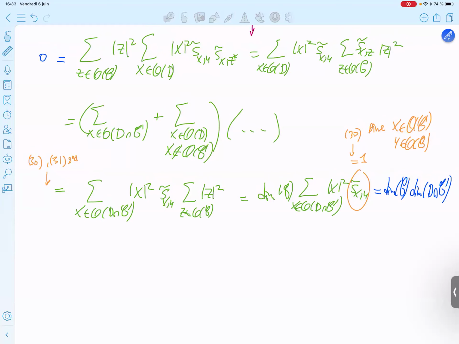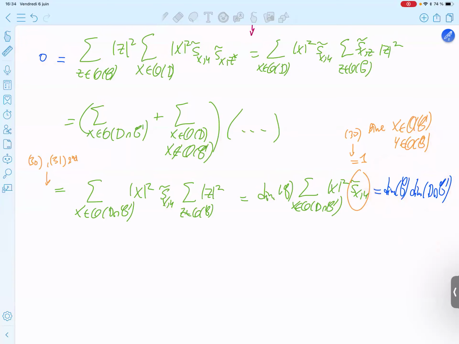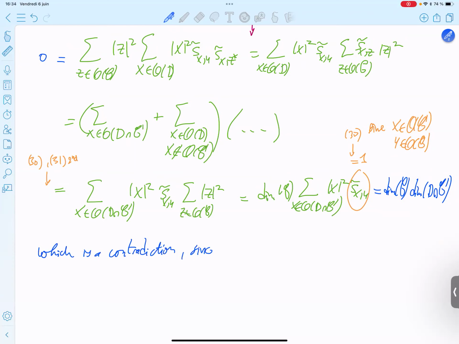So this is equal to 0, but we know that this is non-zero, this is non-zero. Contradiction, which is a contradiction since the categorical dimension of a fusion category is non-zero.